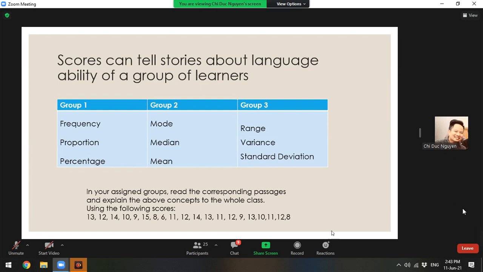And can you please illustrate these three concepts by using the data that are given at the bottom of the slide? So the first group. Hello, so who might be the presenter?